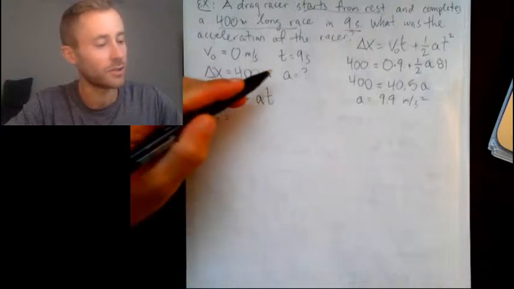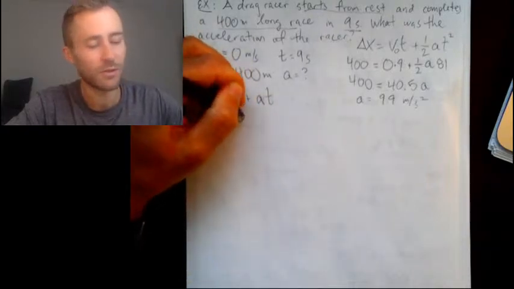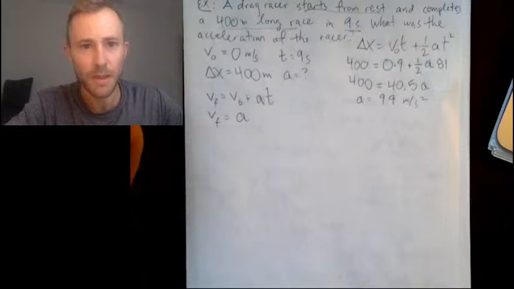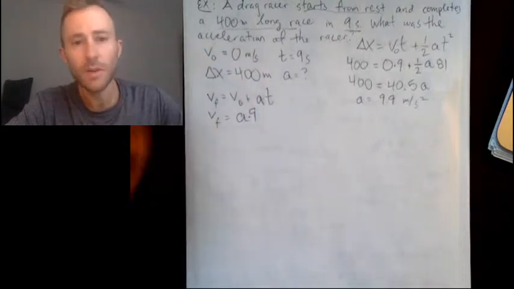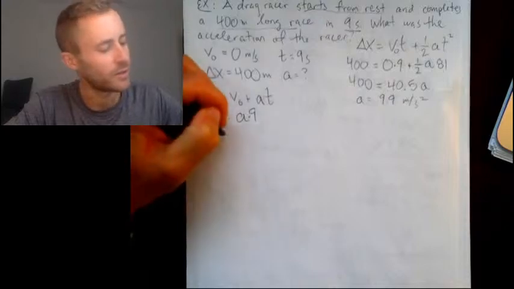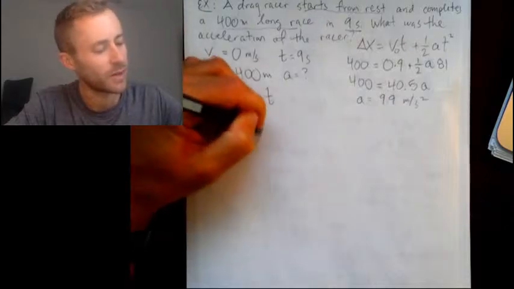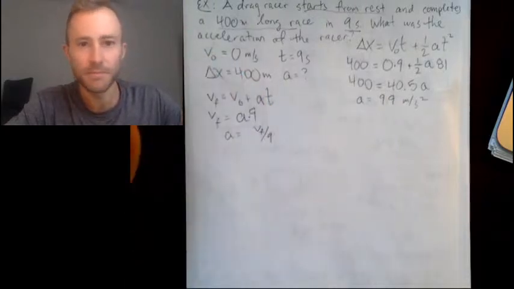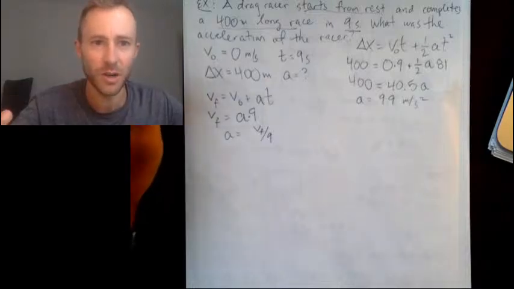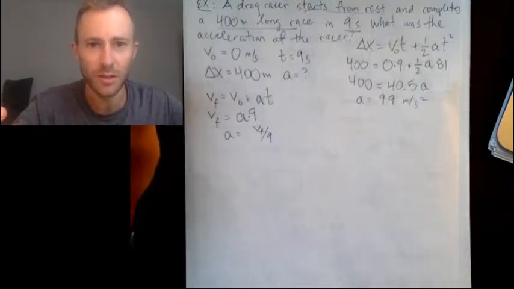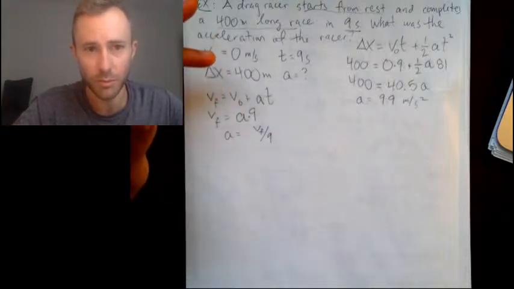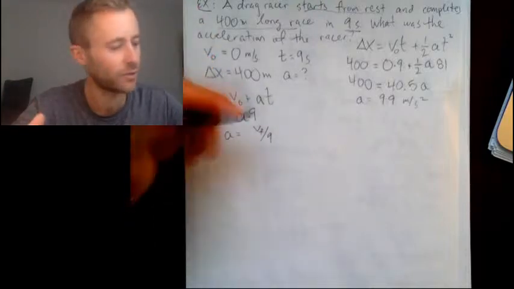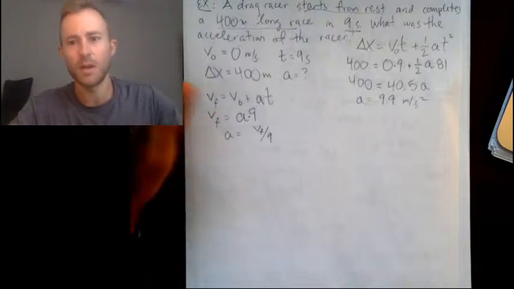The acceleration is unknown, so I have to leave the acceleration as a variable. And then the time is 9. So that says the acceleration equals v final over 9. But that doesn't give me a numerical answer. You see what I'm saying? So I automatically know that this one is not the correct tool for this problem because I can't solve the resulting equation.